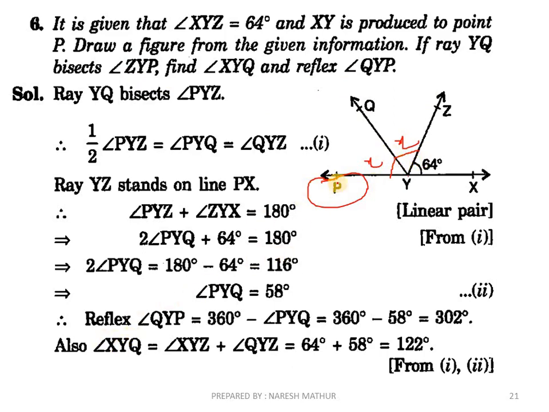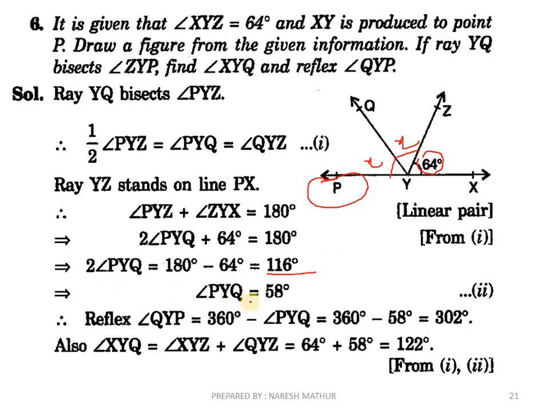Reflex of QYP. So we can find angle XYQ in a very simple way. x plus 64, 2x plus 64 equals 180, or in the place of x we can write angle PYQ or XYQ, anything. So twice of PYQ equals 116. We just subtract 64 from the 180.